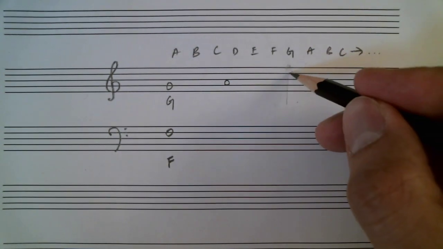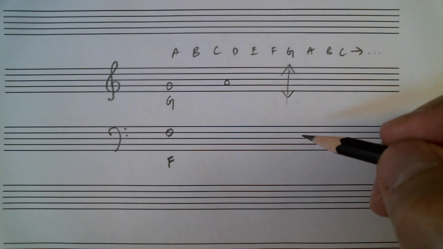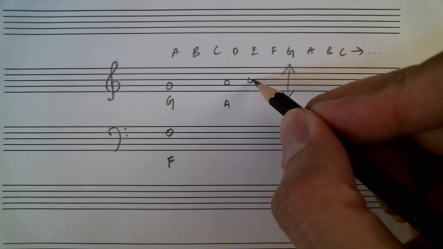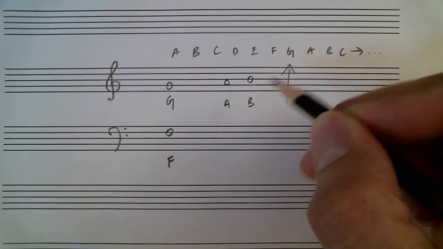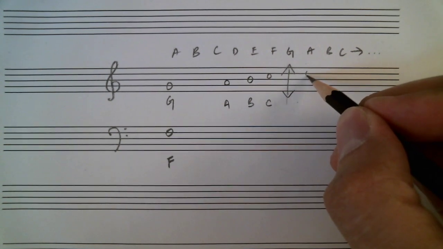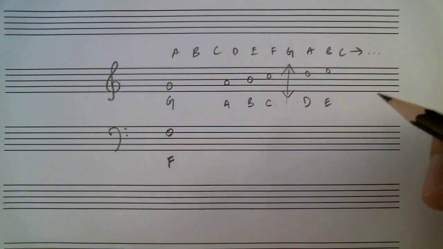On the staff itself, you can think about low and high literally on the vertical axis. So this is an A. The note above that, the next line, would be a B. The next space would be a C. The next line, a D. This is an E, and so forth.